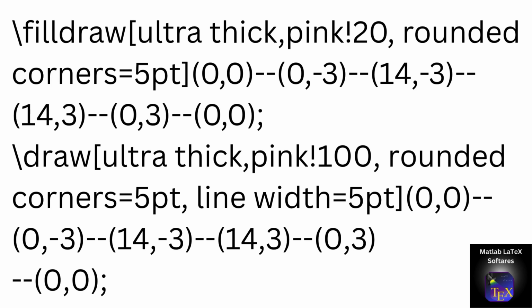We also apply rounded corners with a 5-point radius to make the edges smooth. Then we outline the same rectangle with a thick, deep pink border, using a line width of 5 points for clear visual emphasis.